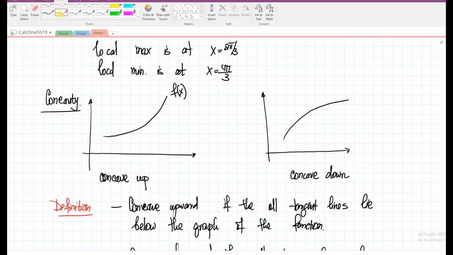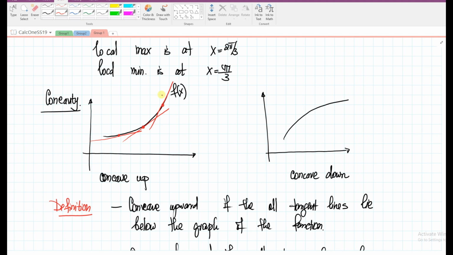So this function is concave up in this region, right? Let me draw a couple of tangent lines. The one tangent line, the second tangent line, and the third tangent line. Okay? Could you please tell me how the values of the slopes are changing?